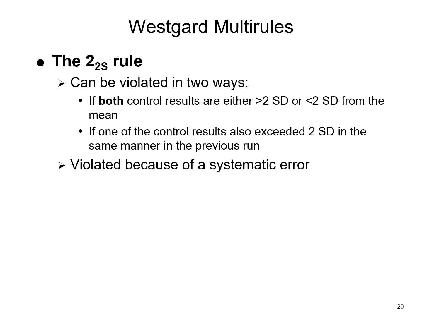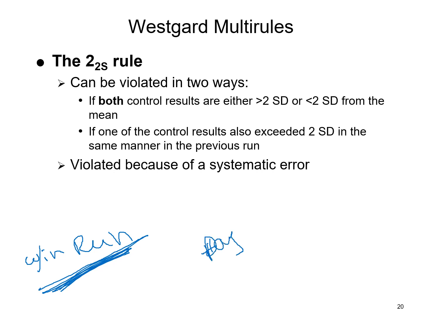So when we talk about within a run, that means that you put both levels or all levels on for the same time. So this was, both levels ran at the same time. If you talk about a sample being across a run or the previous run, it means you have this day and you have a next day, or you ran it for your AM shift and now you're running it for your PM shift.